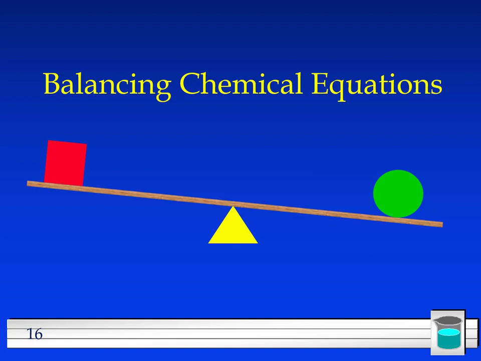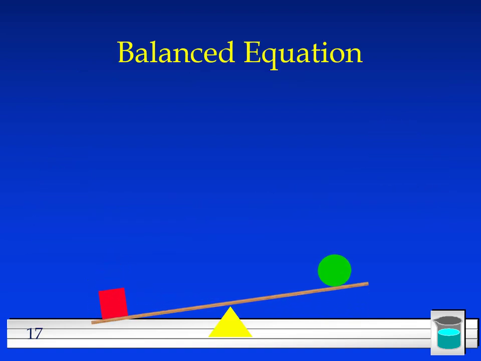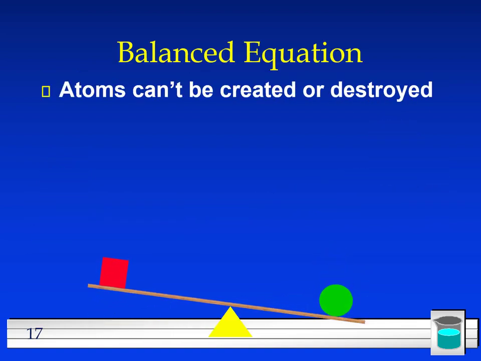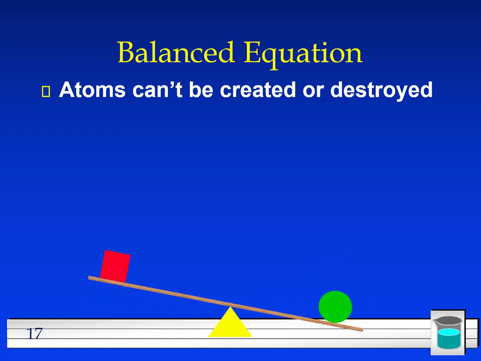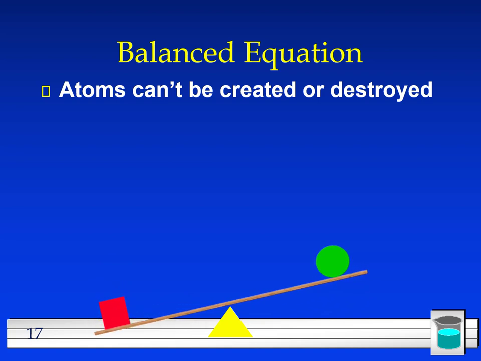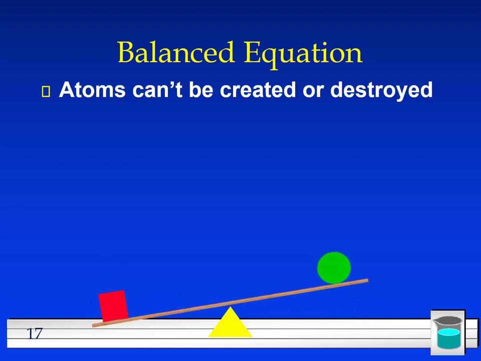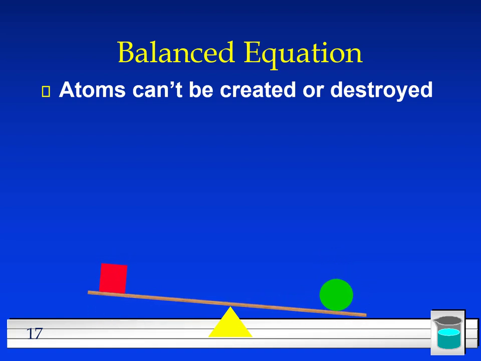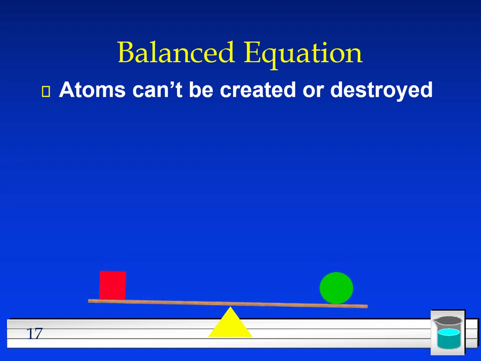Okay. So let's talk about balancing equations. The reason why we have to balance it is because atoms can't be created or destroyed. We don't have that kind of power. You're not going nuclear on me. So all we can do is rearrange them. All we're going to do is rearrange atoms.